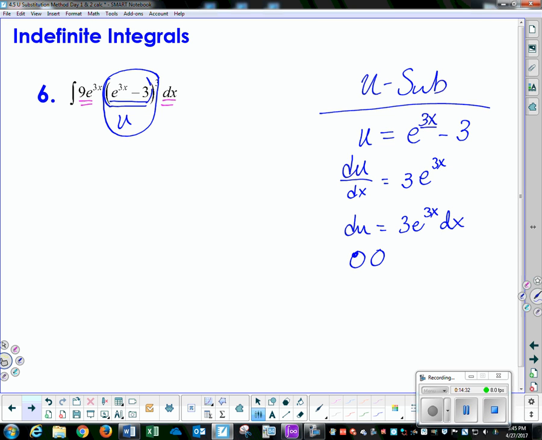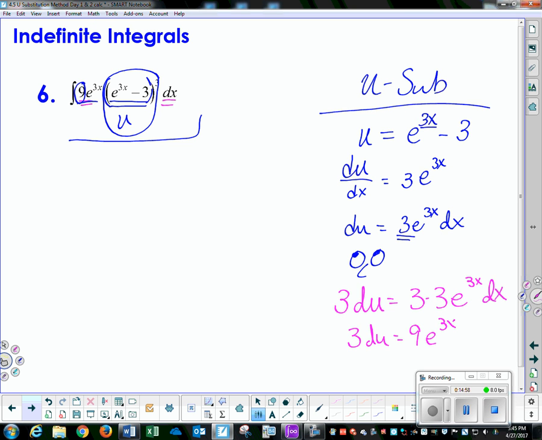So I'm going to go back over and look up here and see what I had to match to. Well, I noticed that I don't have a 3, rather I have a 9. So can I turn my 3 over here into a 9? Certainly, all I have to do is multiply each side by a 3, correct? And I get 3 du is equal to 9 e to the 3x dx.